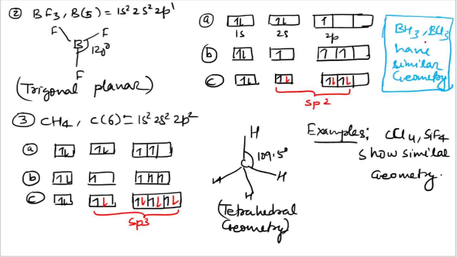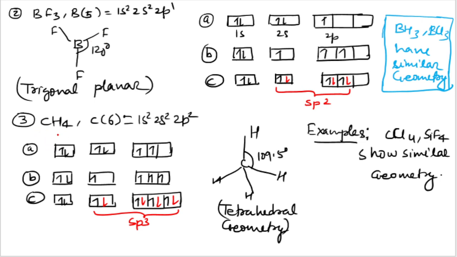Similarly, these types of molecules show similar geometry. Here the geometry is trigonal planar because of the shared pairs of covalent bonds between boron and fluorine.